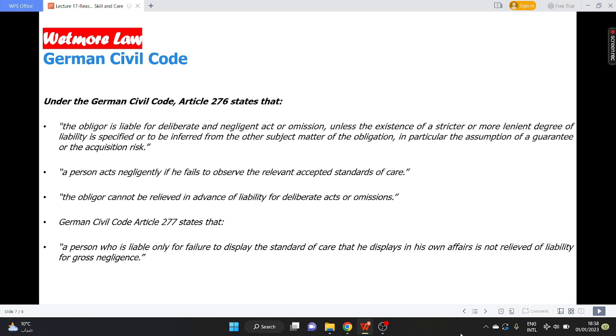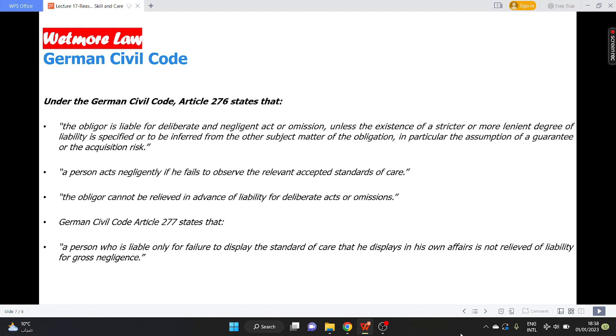A person acts negligently if he fails to observe the relevant accepted standards of care. The obligor cannot be relieved in advance of liability for deliberate acts or omissions.